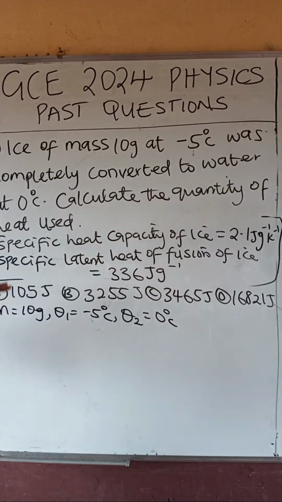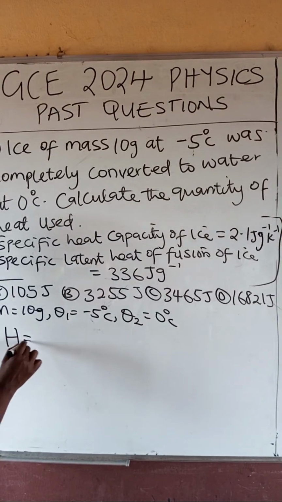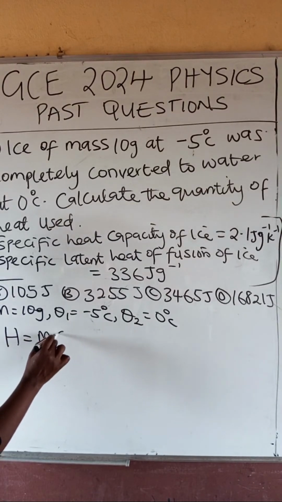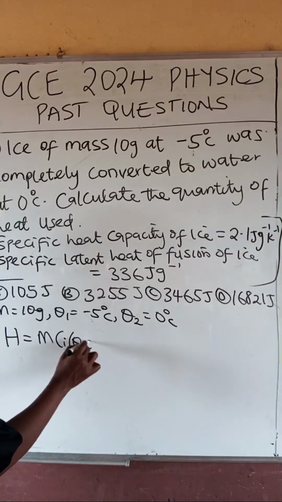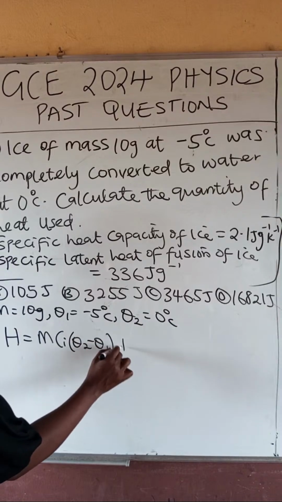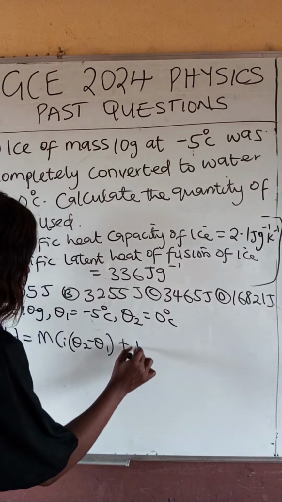And we're given the specific heat capacity of ice and the specific latent heat of fusion of ice. All right, so let's go. The quantity of heat, H, is equal to the quantity of heat applied to the ice plus the latent heat of fusion.